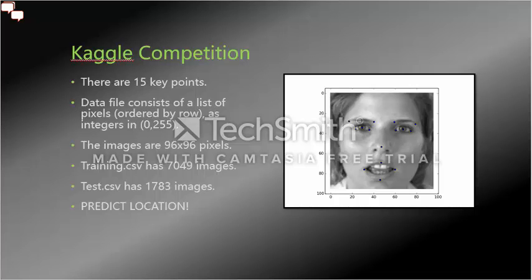The data file is provided with a row of pixels, integers from 0 to 255, which are the colors, and the images are all 96 by 96. Our training data is 7,049 images, and our test data is 1,783 images. What we need to do is predict the location.